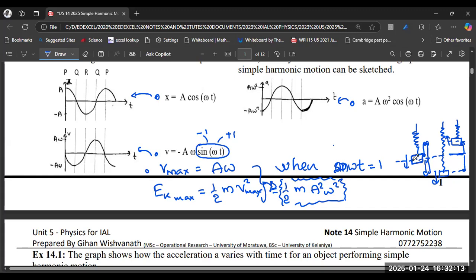Why? Because the oscillating system needs to go down, it needs to stop and then move up. So here the velocity of the object would be 0.